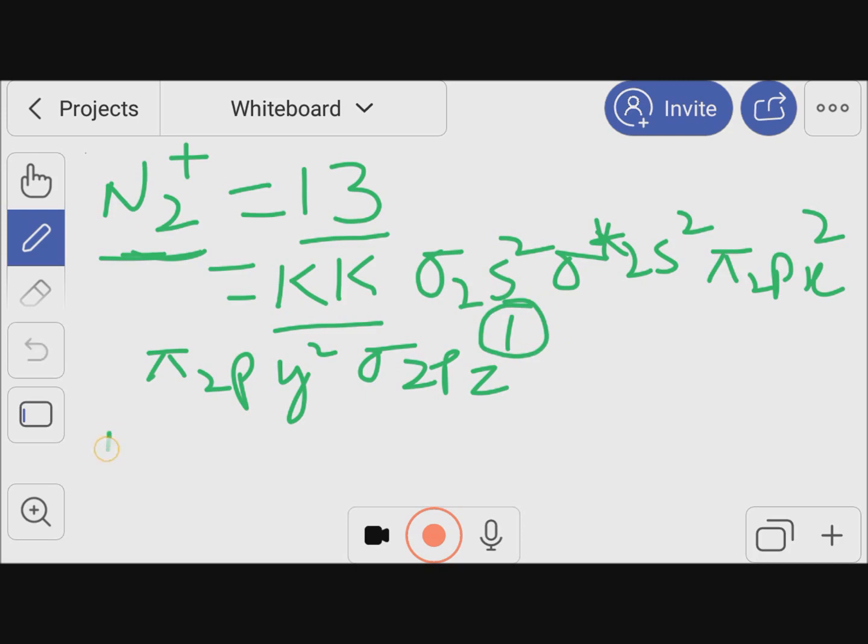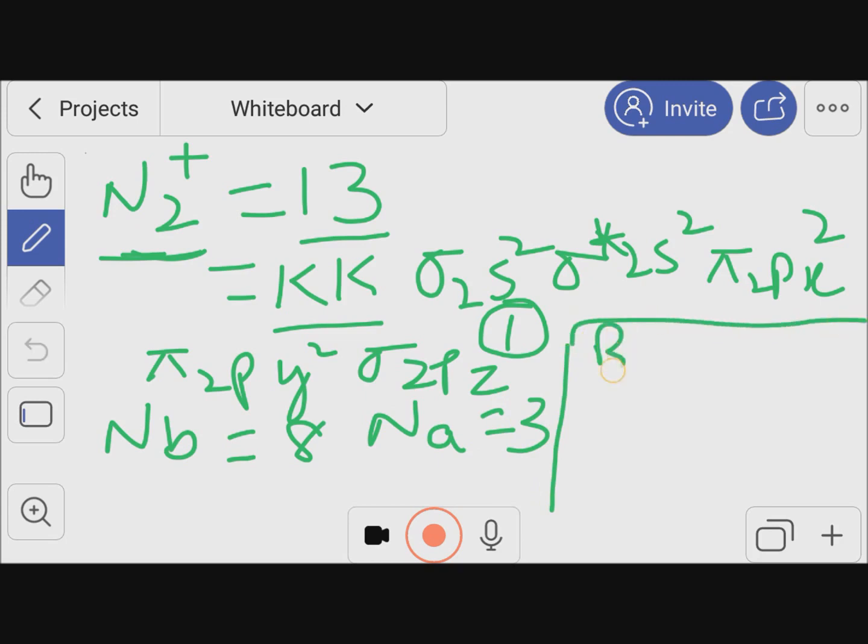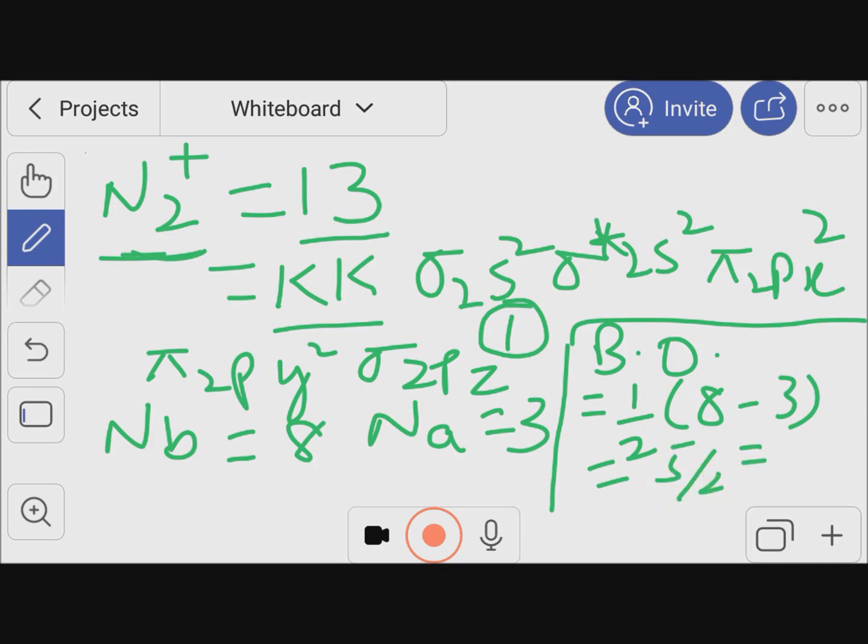Here the number of bonding electrons is 8 and the number of anti-bonding electrons is 3, and the bond order is equal to 1 by 2 (8 minus 3), which is equal to 5 by 2, which is equal to 2.5.